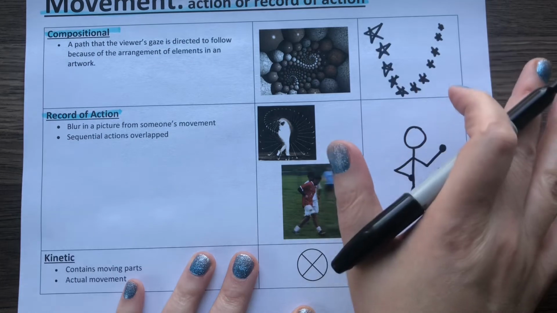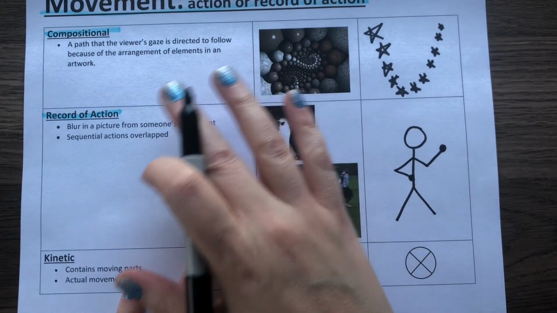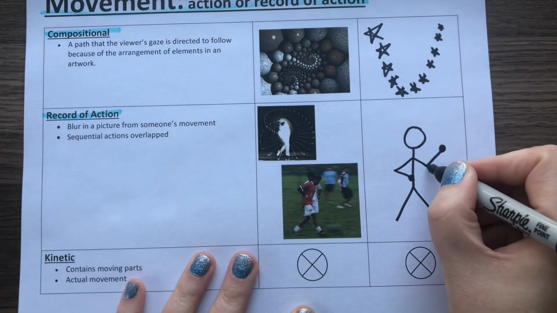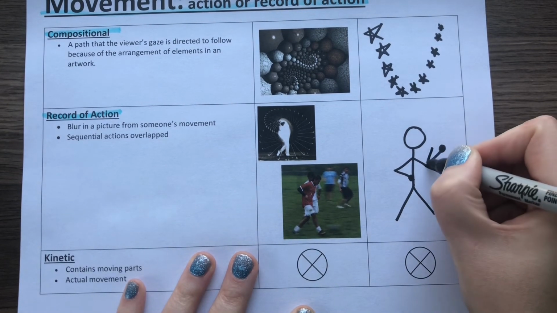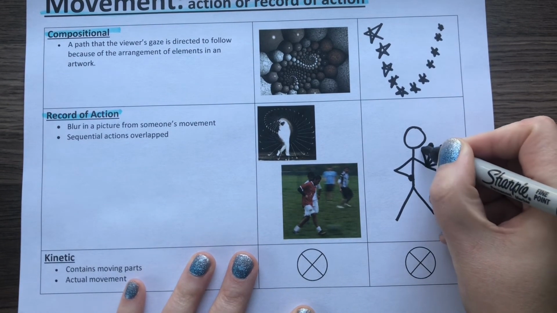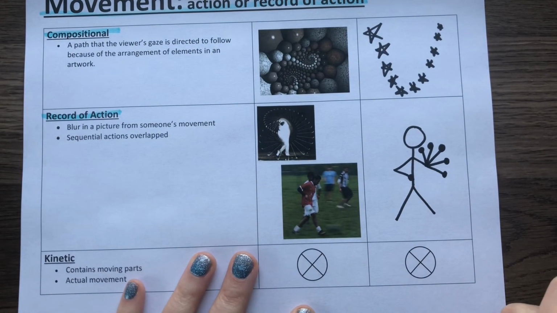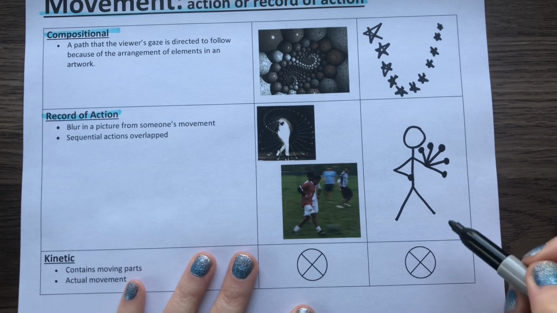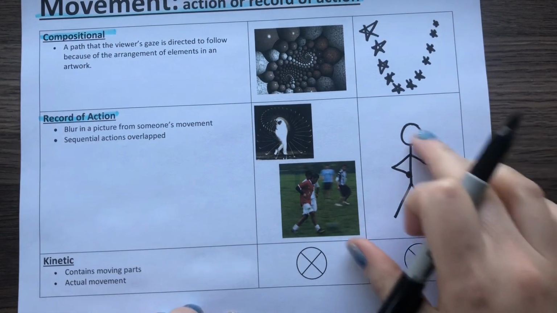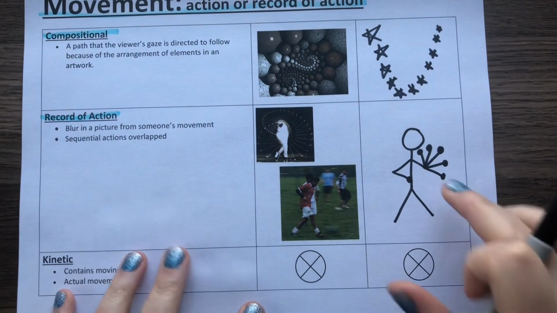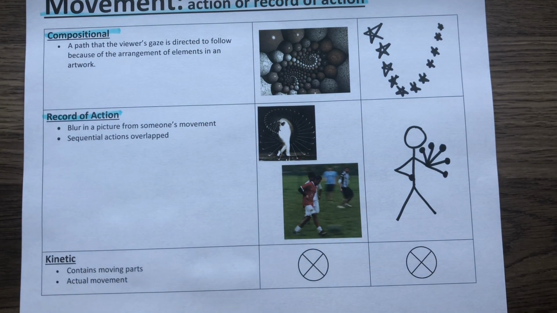So you're going to want to have one where it's here and then stop, stop, stop, stop, right? So you want to show it all the way across. So I'm going to do like this. And that is going to represent the person waving. That is a sequential action overlapped, right? Because the rest of the person's not moving, just that one part. And it's showing a record of each of those little individual movements. All right, thanks everybody.